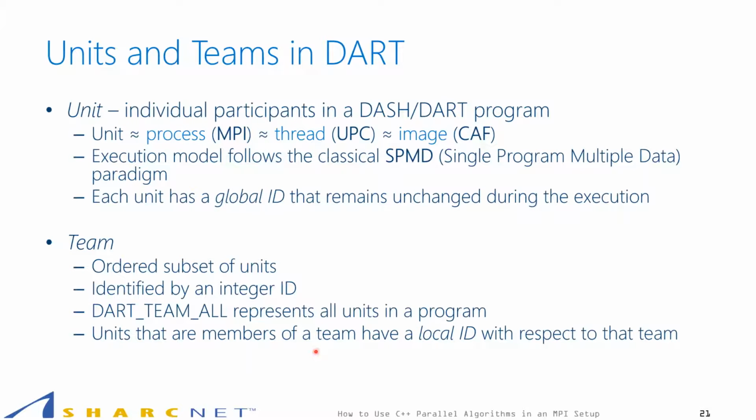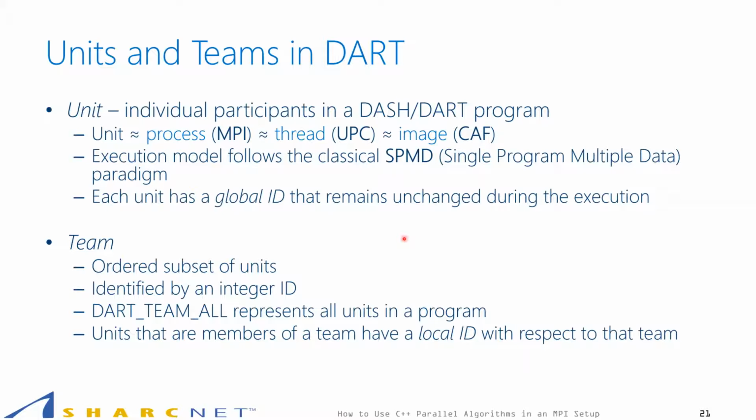So what are the units and teams in DART terminology? Units are individual participants in a DASH DART program. So unit is a synonym to processes in MPI, threads in UPC terminology, and images in Coarray Fortran.